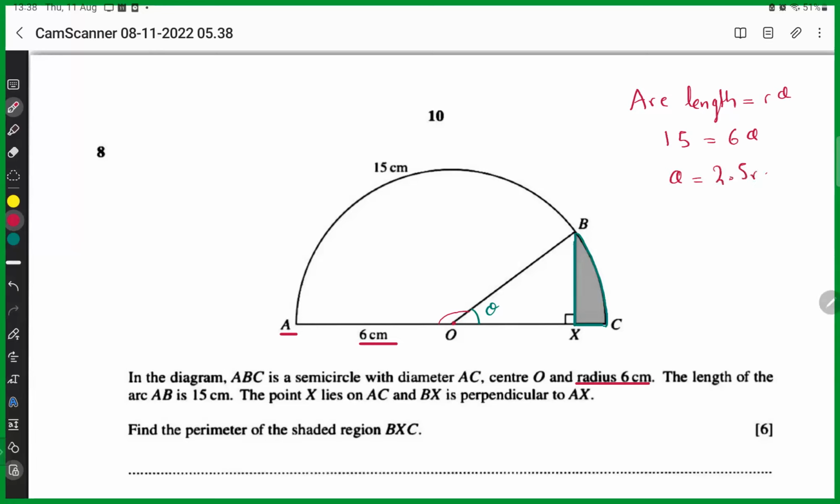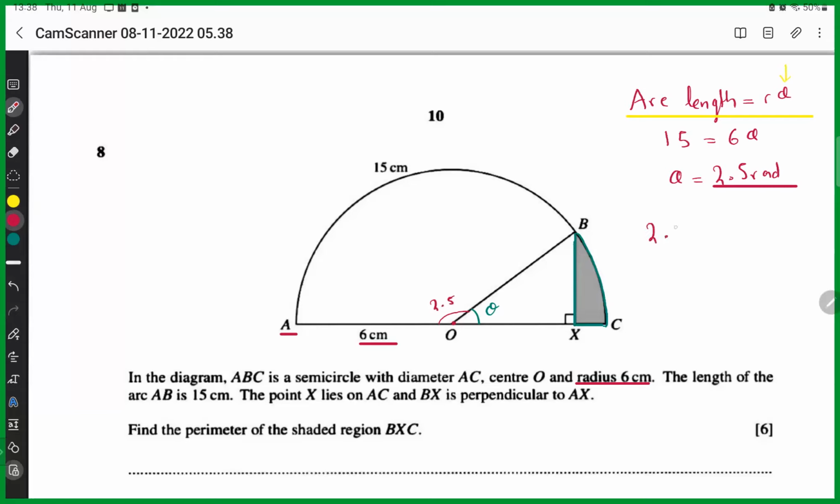2.5 radians. And again, I'm telling you guys, this is going to be in radians. Why? Because we have used this formula specifically, and you can only use this formula whenever your theta is in radians. So we got this as 2.5. Now, sum of angles on a straight line is 180 degrees or pi radians. So if I'm interested in finding out theta, I will do it this way.